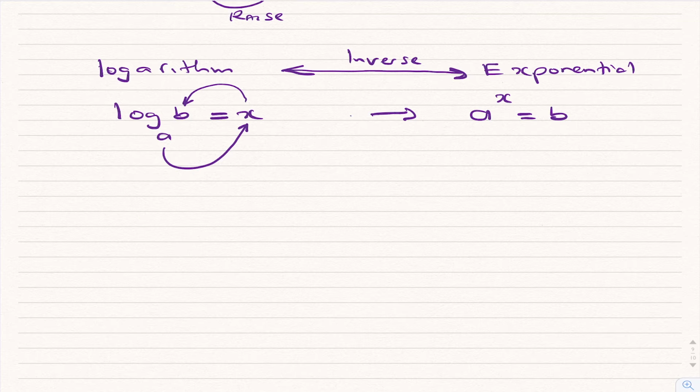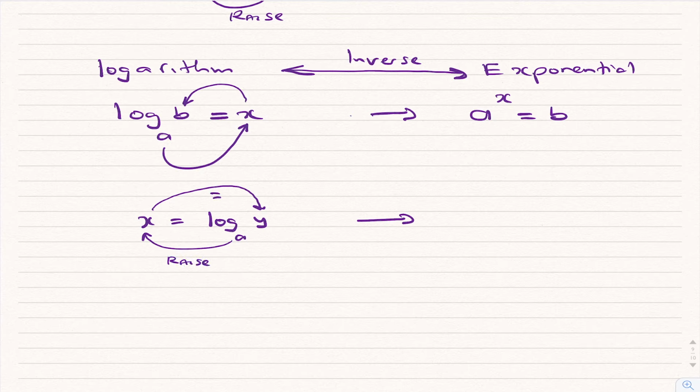If we have x equals log a y, the exponential relationship will be, you can see, raise a to the power of x, and the answer will be equal to y.